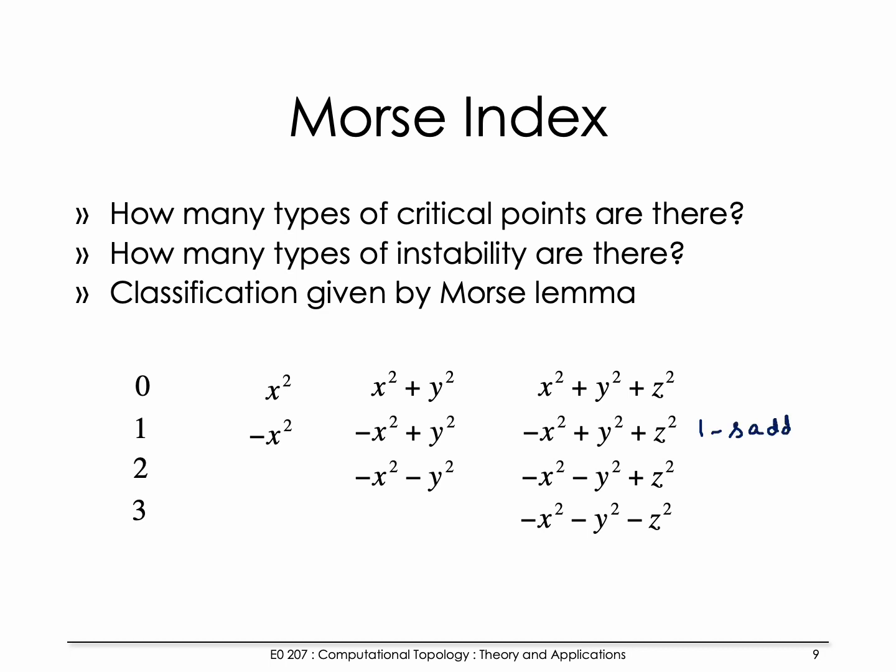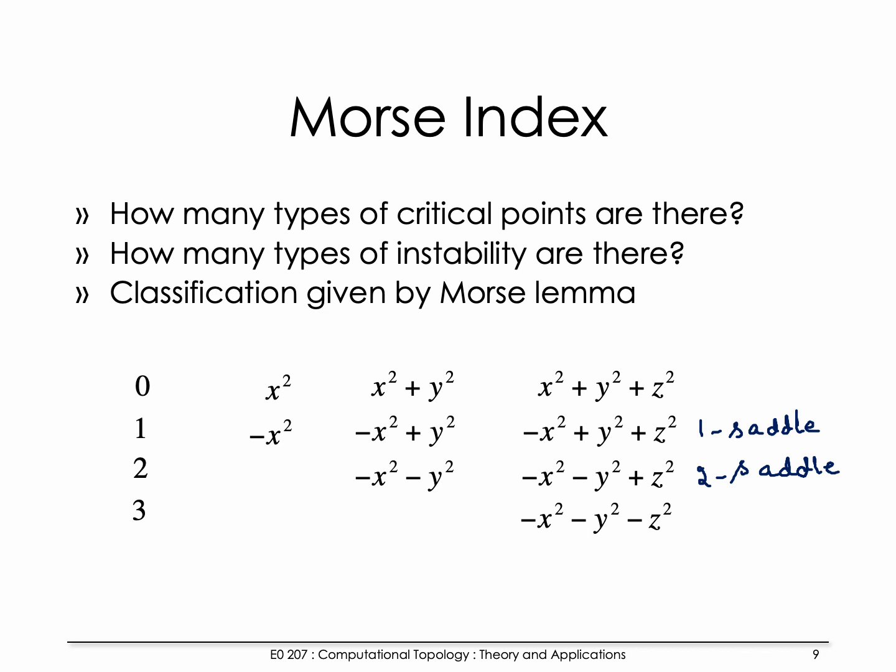So using the index as a prefix. So now we have a classification of critical points. And if we have the representation of the function in the neighborhood of the critical point, we can easily determine what type of critical point it is.